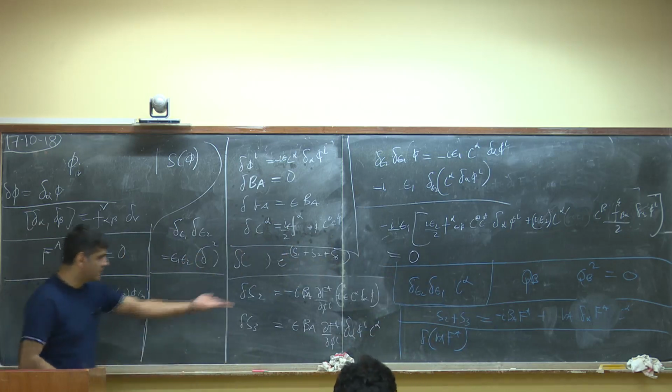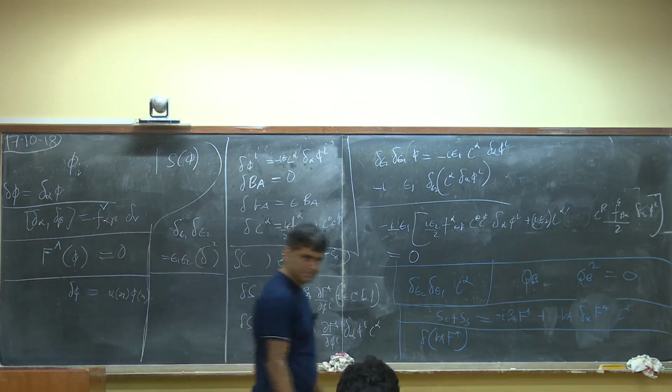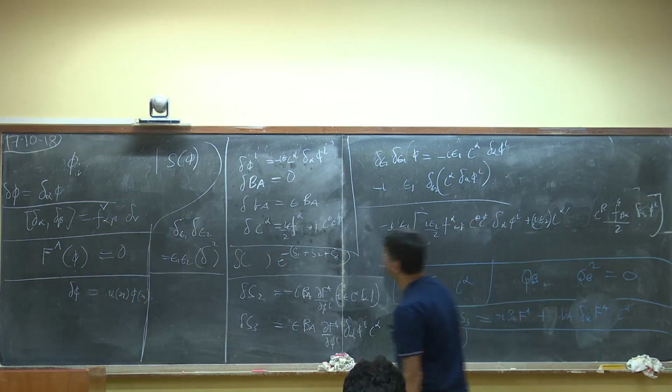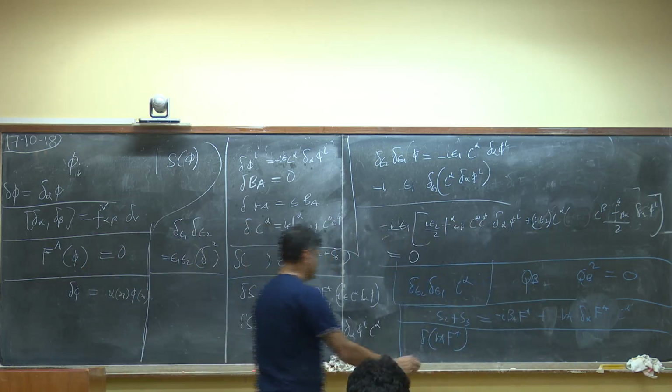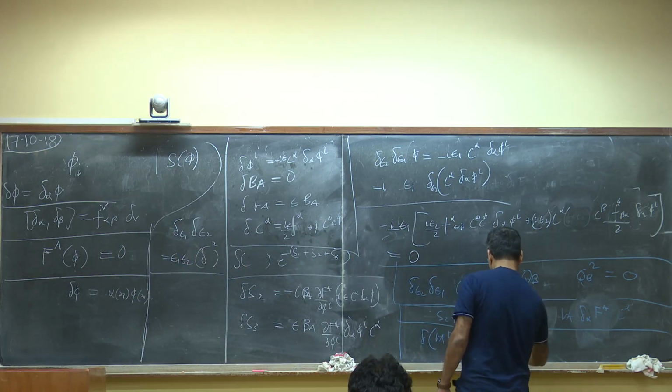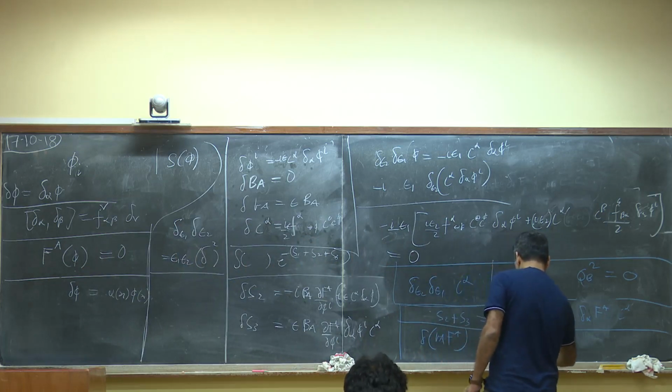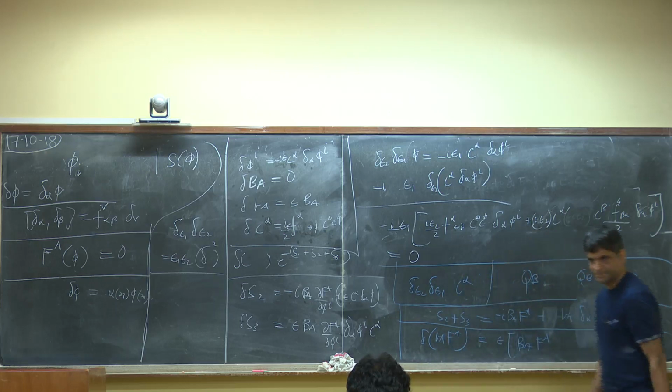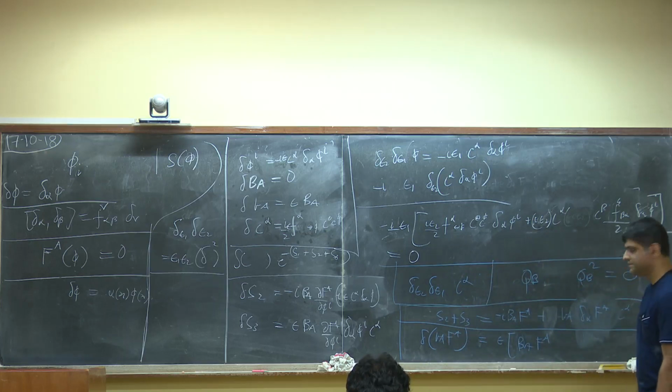In order to see that, we'll just compute delta B_A. So that gives us the first term, which is equal to epsilon times B_A, sorry, capital B_A F_A.